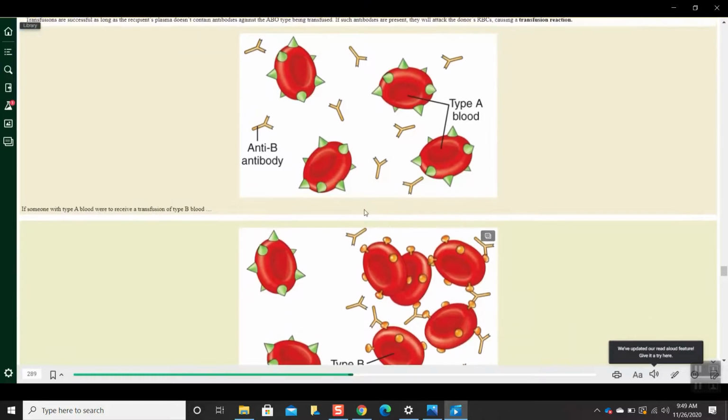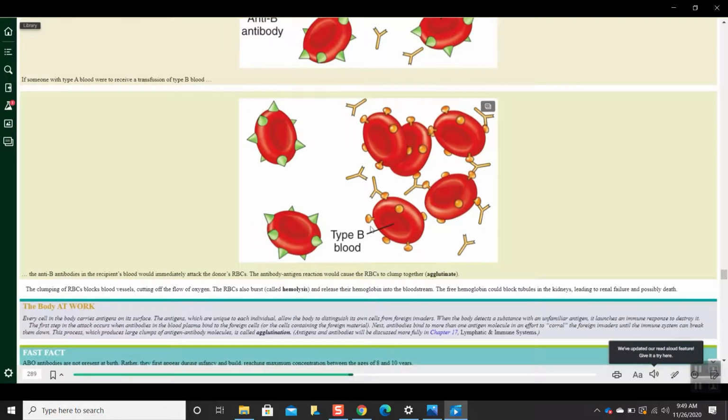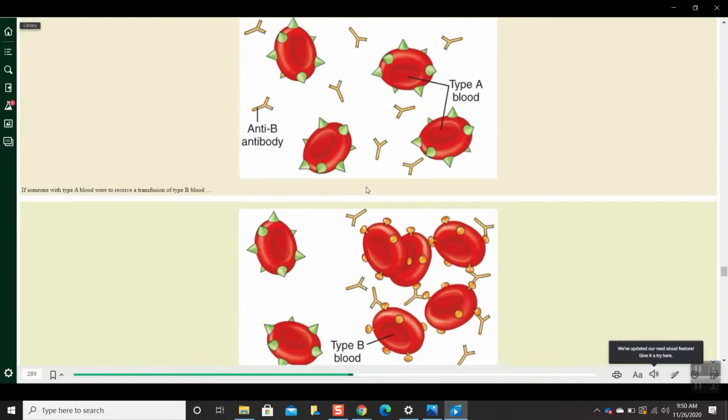This shows it again. Type A blood has A antigens on the red blood cells, and B antibodies in the plasma. Type B has B antigens on the blood cell and type A antibodies.